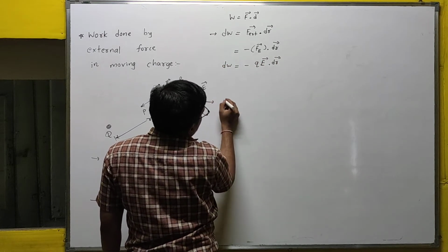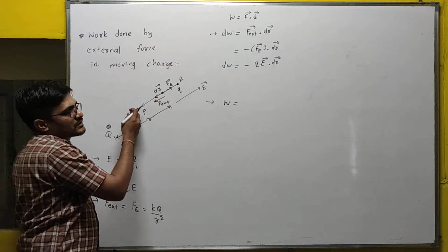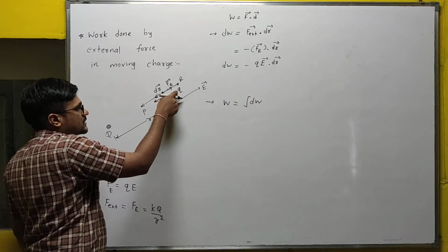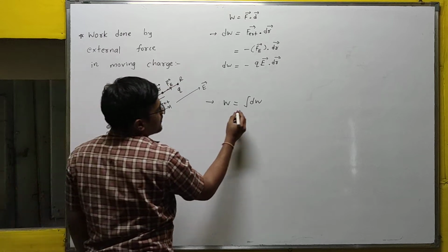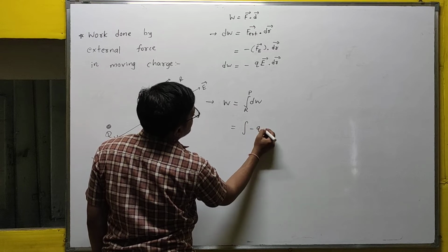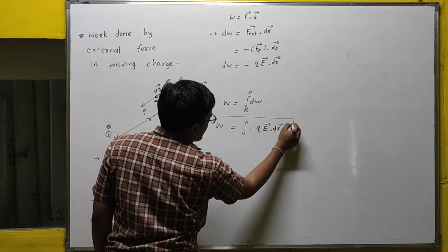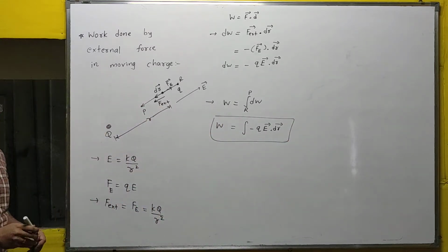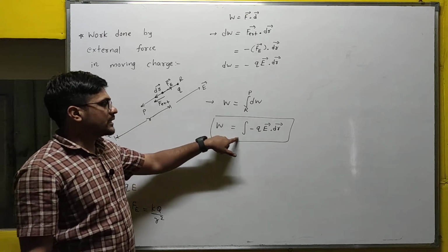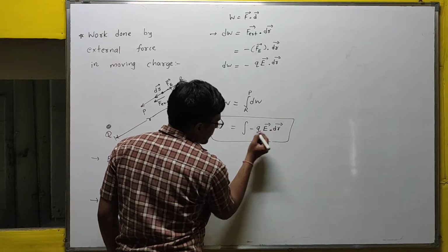So for the total work done, you have to integrate the work done for these small displacements. So integrate this dW, you will get the work done to move charge q from R to P. So the limit is R to P. So work done is equal to the integral of minus qE dot dr. So the work done by external force in moving a charge in an electric field is the integration of minus qE dot dr. You have to remember this formula.